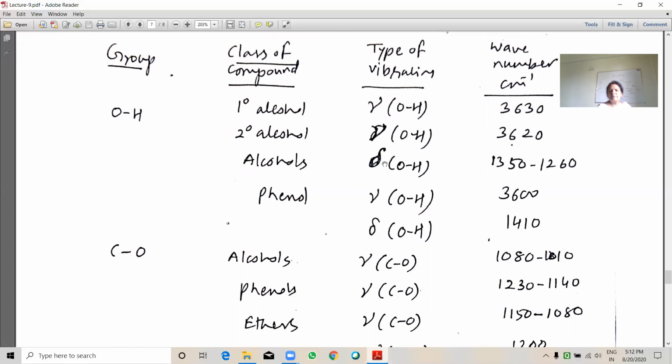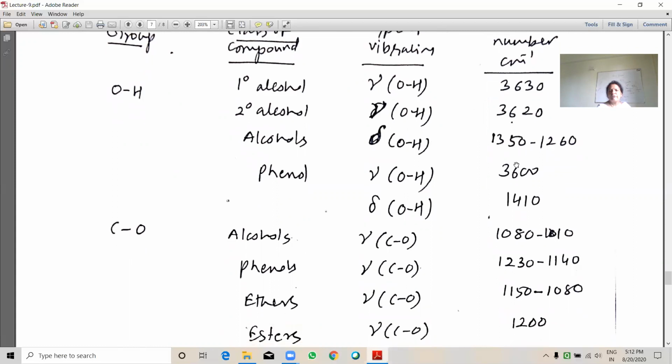This delta means this is a bending, observed around 1350 to 1260. Phenol has a slightly lower frequency compared to the aliphatic hydroxy group, since it is aromatic. Its bending is slightly higher due to the conjugation of pi electrons.